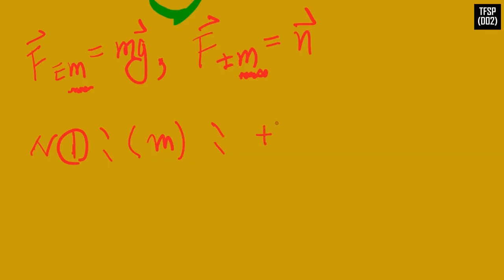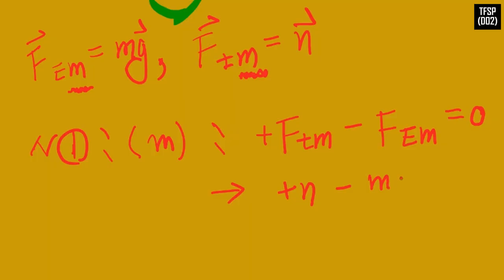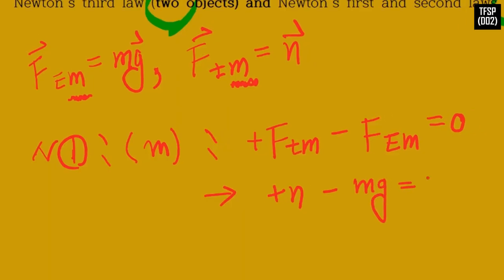Positive FTM, negative FEM equals 0. Positive N, negative mg equals 0.